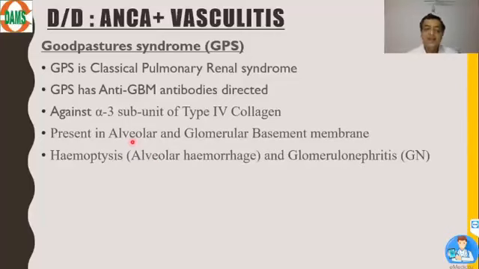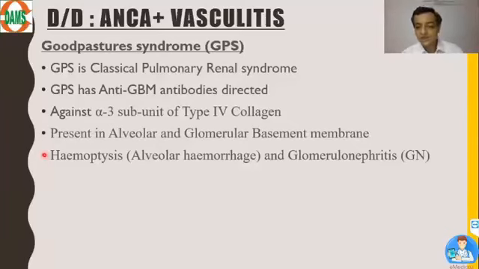Okay, leading to the two symptoms. What are the symptoms? Hemoptysis occurs due to alveolar hemorrhage and glomerulonephritis occurs due to GBM involvement. That is why the name pulmonary renal syndrome.